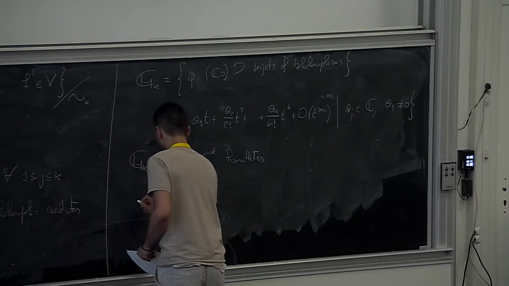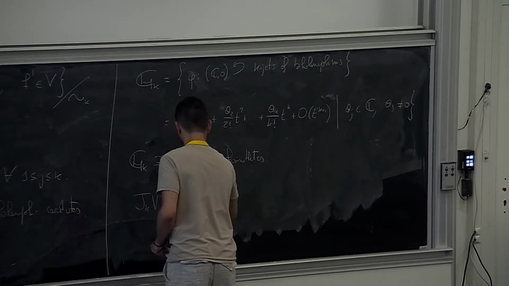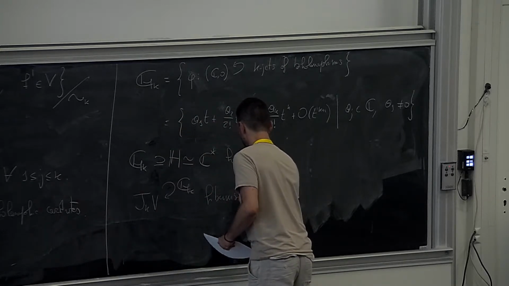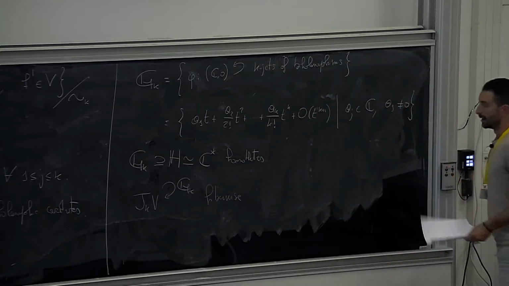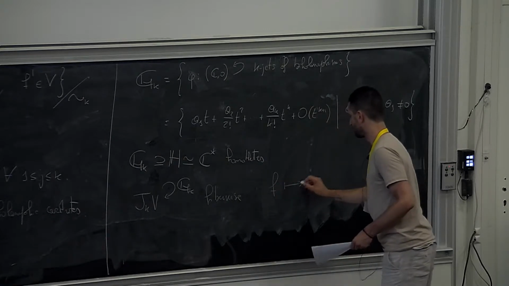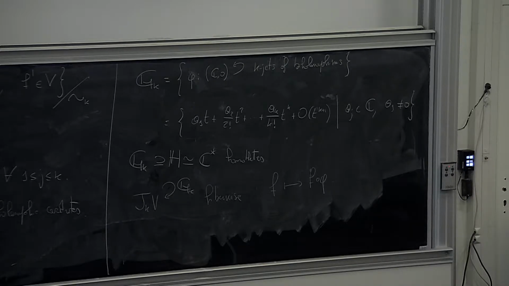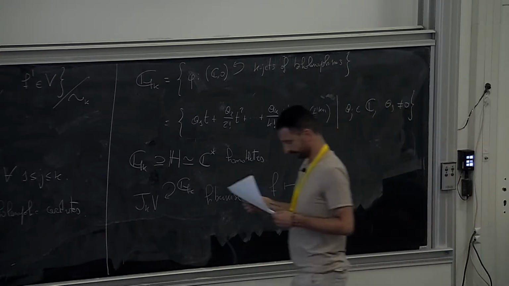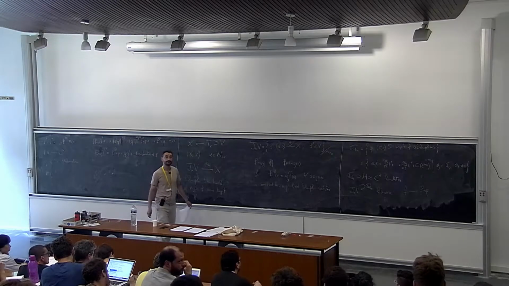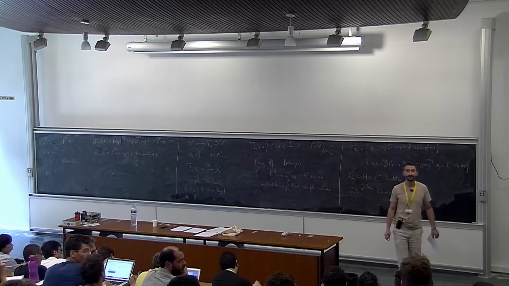And so this group acts on the right fiber-wise, just by composition. Okay? You send f to f composed with phi. Okay, this gives an action. Good. So remark? Yeah. What is that word? Homotheties. Yeah, I guess. Yeah.